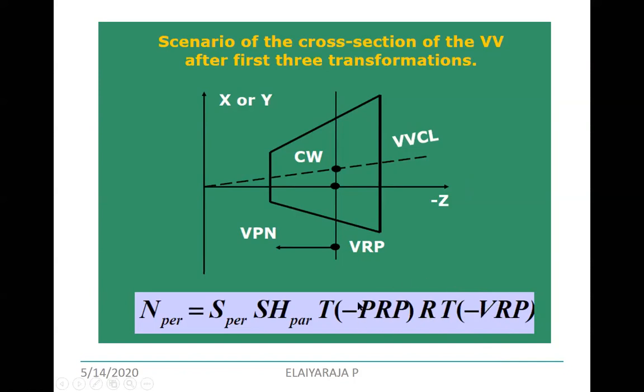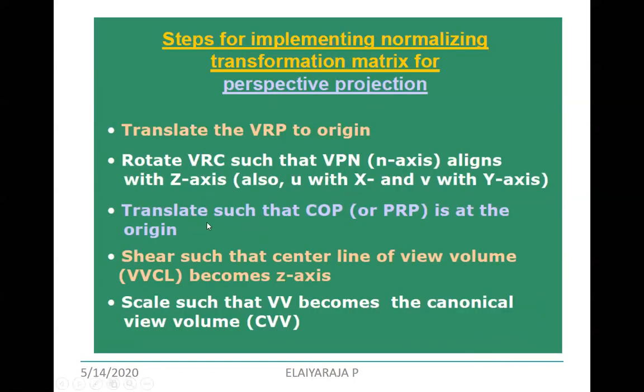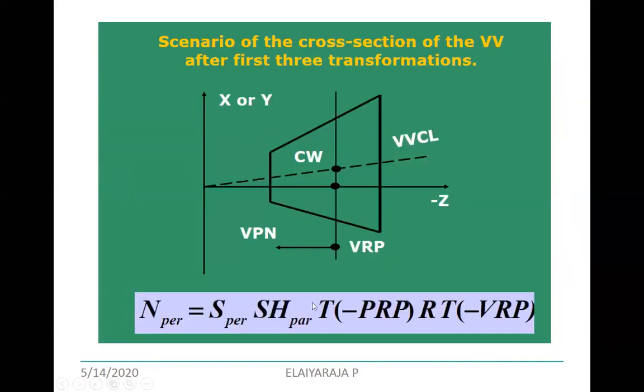Then here you are going to check the center of projection. Translate such that the center of projection is at the origin. For that you perform the translation with respect to the projection reference point. The projection reference point says about the center of projection.